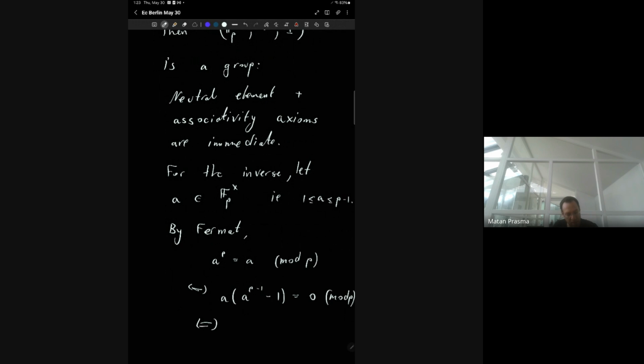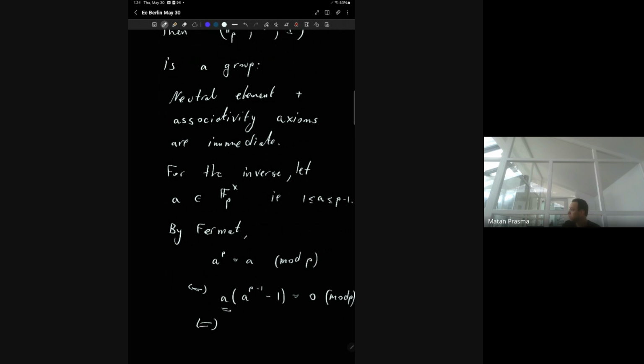If the product of two numbers is equal to 0, then one of them must be equal to 0.